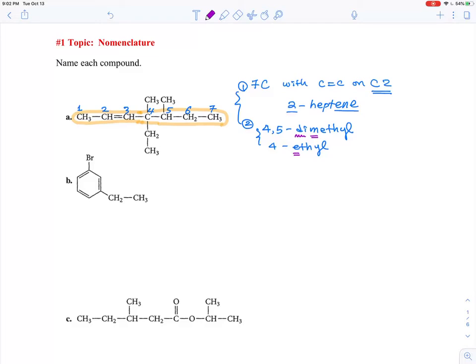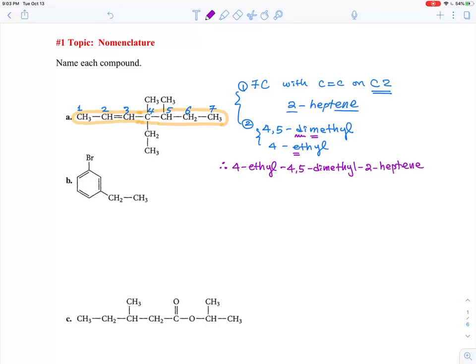So finally, the answer is 4-ethyl-4,5-dimethyl-2-heptene. Okay, so that's the answer.